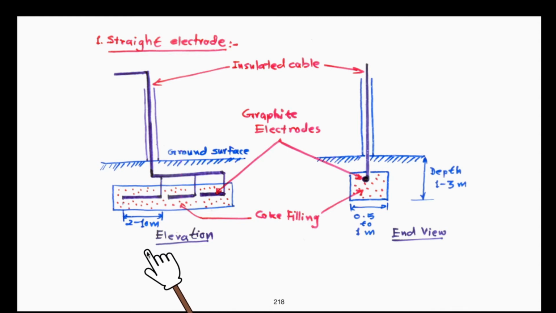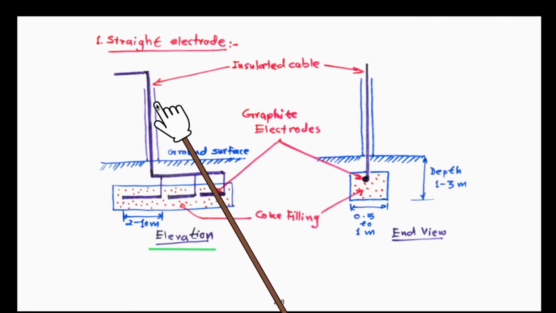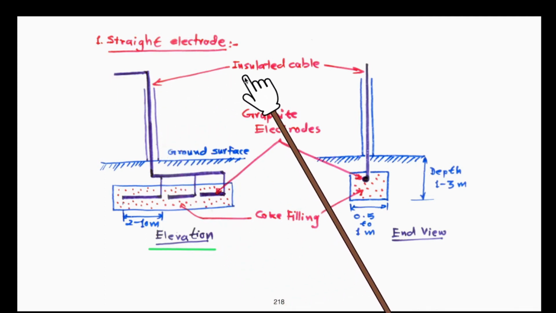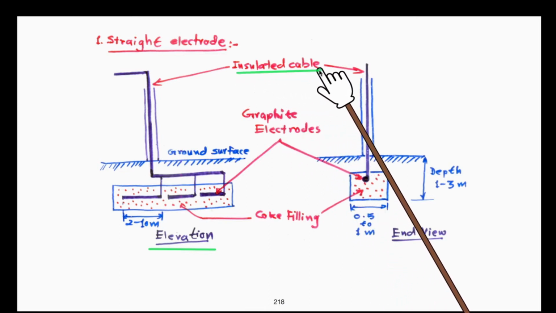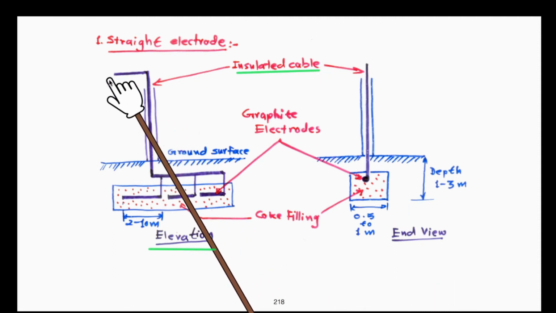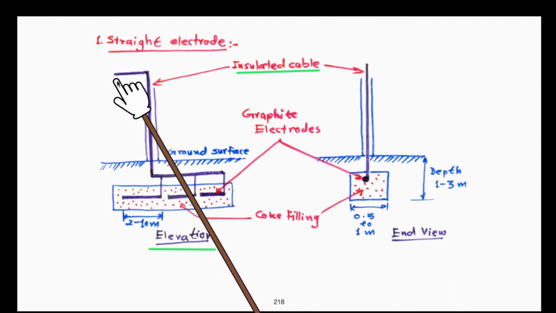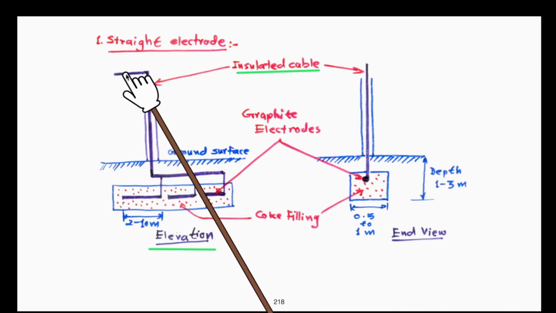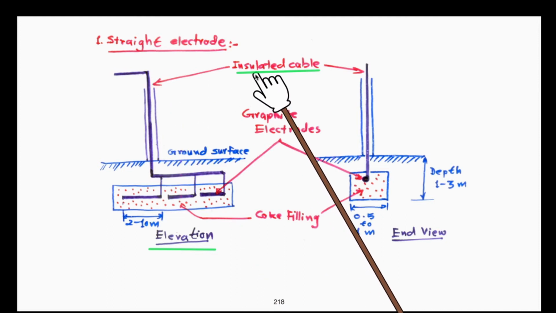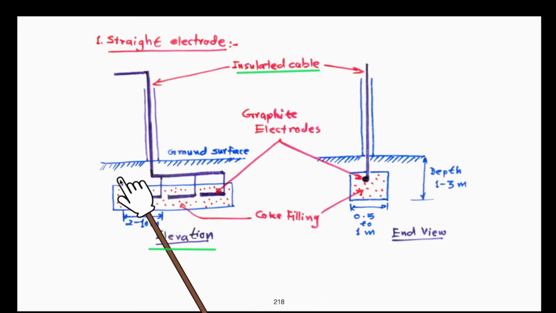Let us take a look at the elevation part. The elevation shows that there is an insulated cable coming all the way from the earth terminal of a converter substation, and it has to be connected to the ground in order to form the basis of flow of current to the ground in case of emergency for a bipolar link. So this electrode site will be nearly, let us say, 5 to 10 kilometers away from it.